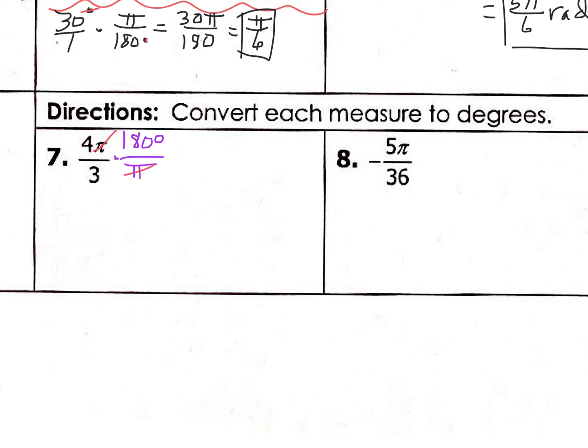And then you could either cross reduce, 3 goes into 180 60 times, and then multiply it by the 4, or you can just take the 4 and multiply it to the 180.